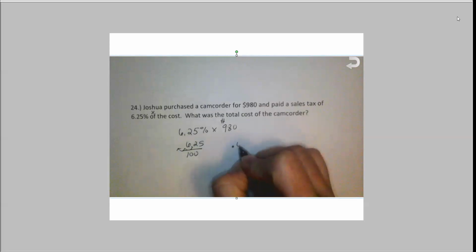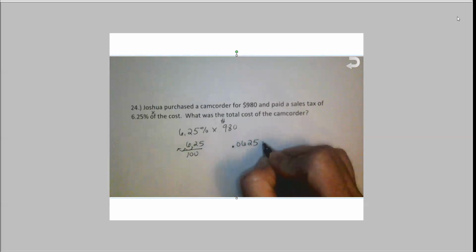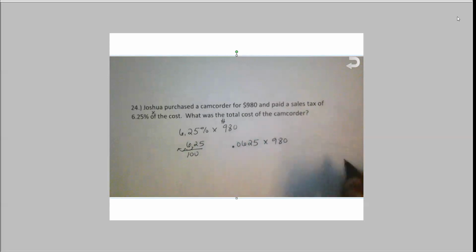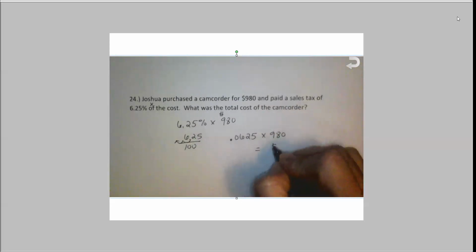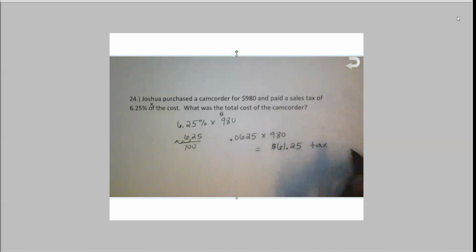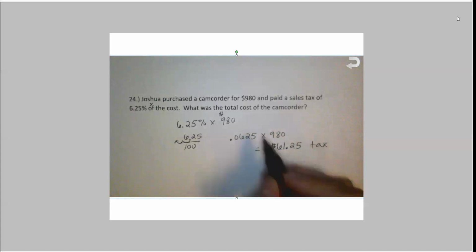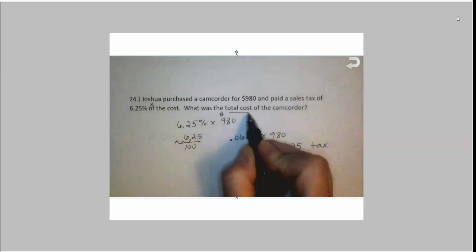So 0.0625 is what I will multiply times 980, and that gives me a sales tax of $61.25. Now that is just the tax. The camcorder didn't go from $980 to $61. This is the tax alone. It asks me for the total cost of that camcorder.